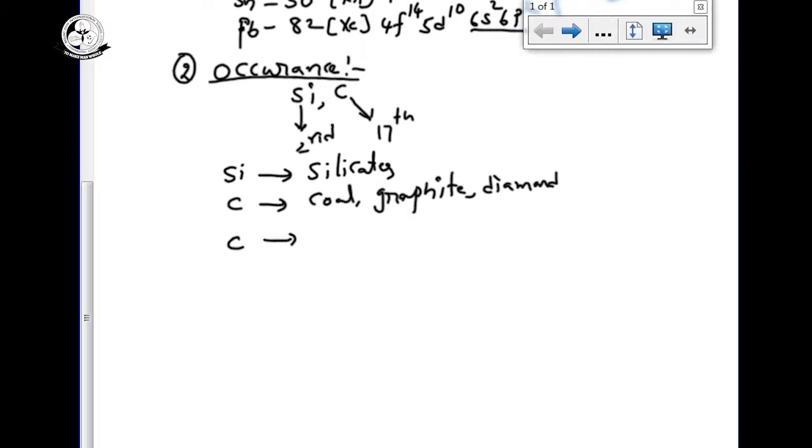Carbon is also available in the combined state. Native state means directly available carbon.